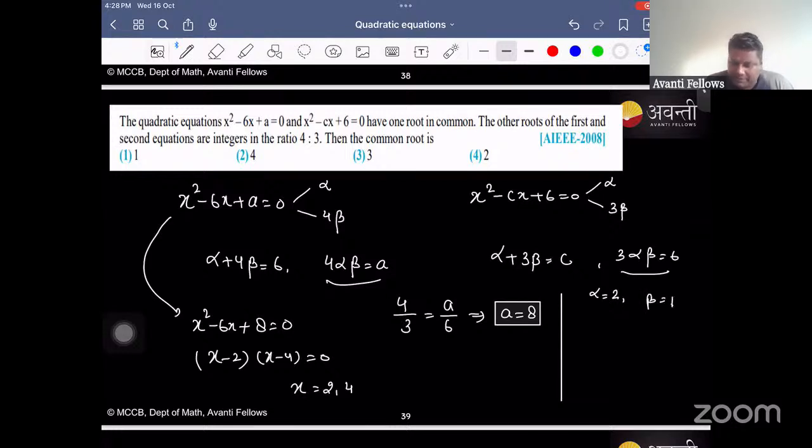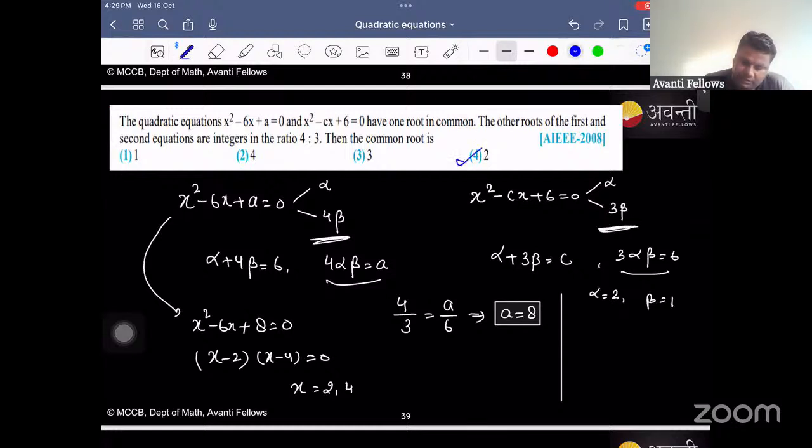So its roots will be 4, and the other roots will be 3 and 4. Got it? So very good, Abhay. The common root is 2.